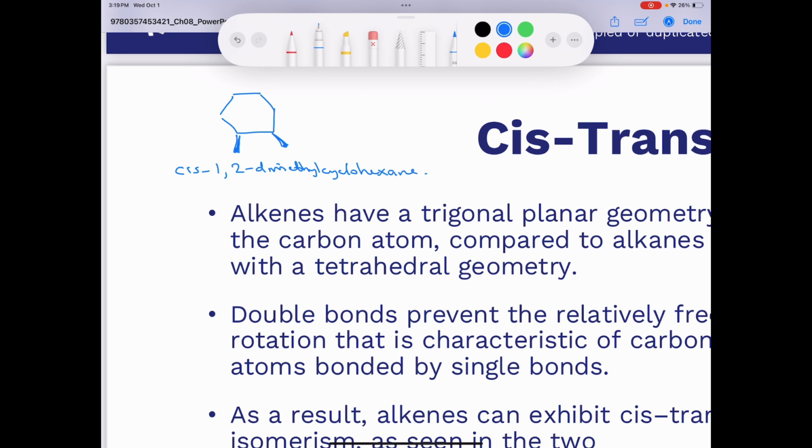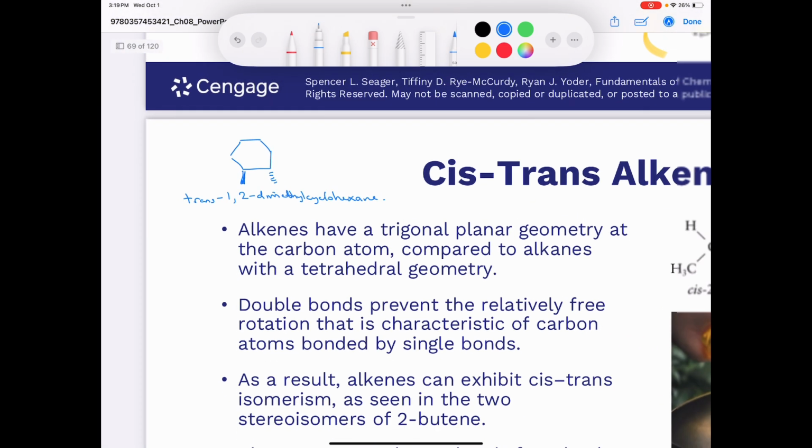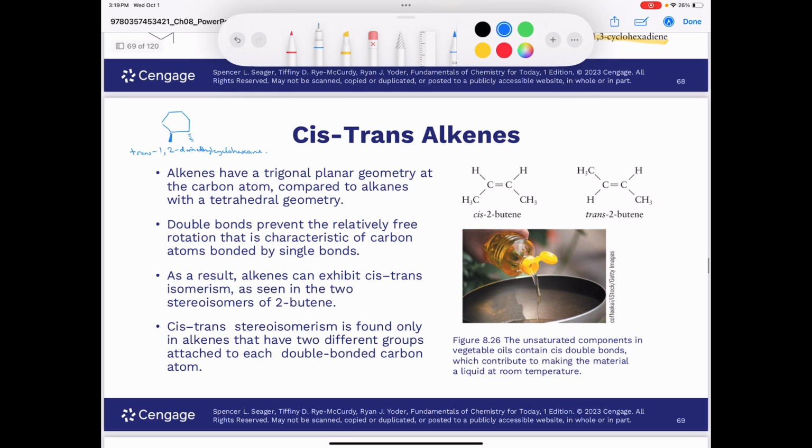And we said that is one stereoisomer, and that if you were to change this one to down like this, then you would have trans-1,2-dimethylcyclohexane.